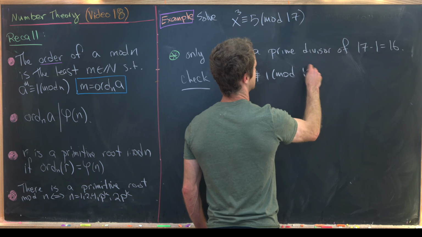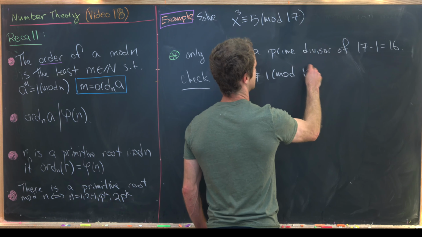But 16 mod 17 is negative 1, so this is congruent to negative 1 squared mod 17. That's a problem because that's congruent to 1 mod 17. So 2 is not a primitive root, because its order is 8. It is not 16.